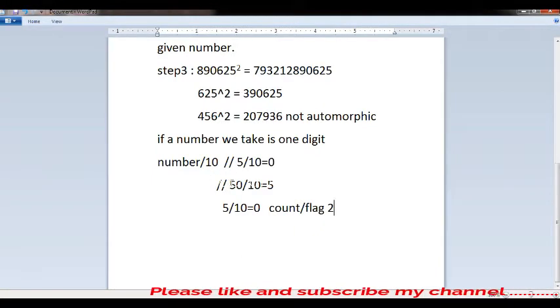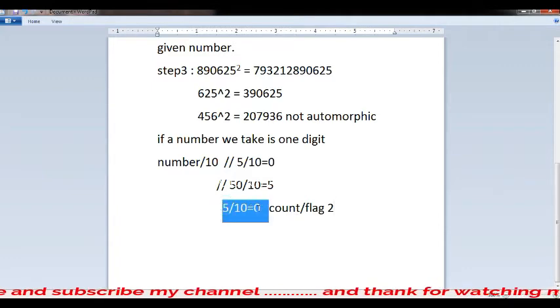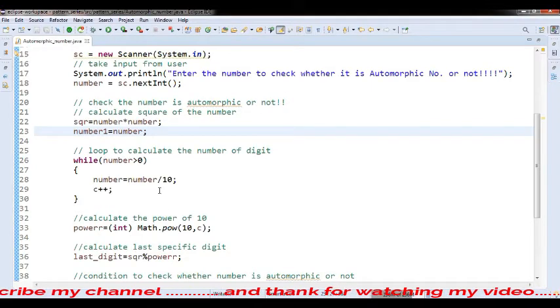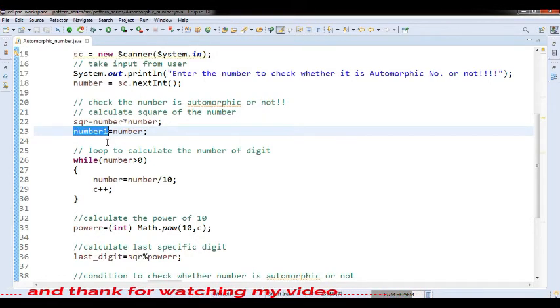As we discussed, to find the number of digits in a given number, we can apply a loop, and the loop terminates when the value of number becomes 0. After that we have to check whether the number and the last digits of the square of the number are the same or not. So for this we take a temp variable number1.